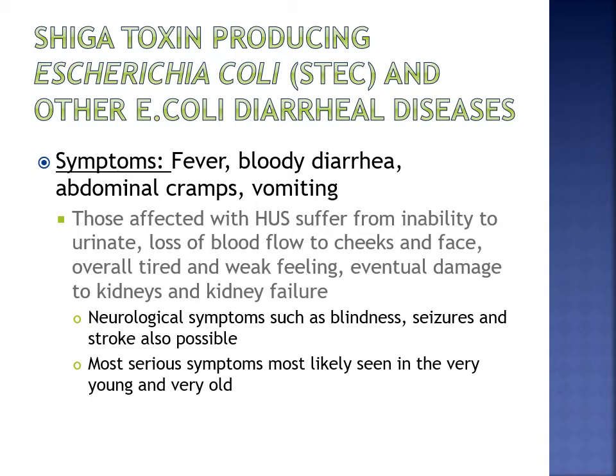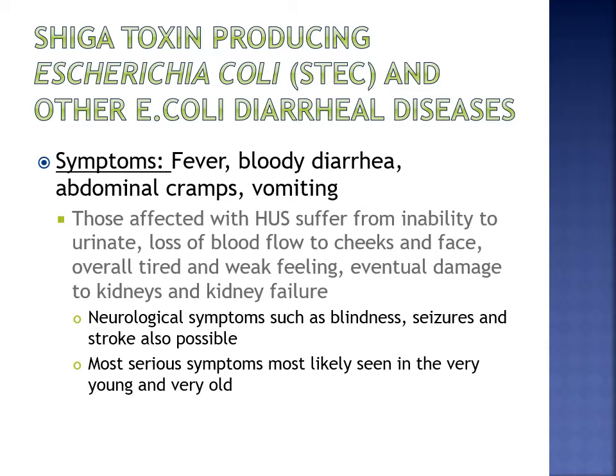Okay, those symptoms. Pretty standard so far: fever, bloody diarrhea, abdominal cramps, vomiting. But again, you can also have that HUS, hemolytic uremic syndrome. Basically, this causes an inability to urinate, and also a loss of blood because we're losing it through the intestines with that bloody diarrhea. So you end up with loss of blood flow to upper parts of the body like the face and the cheeks.